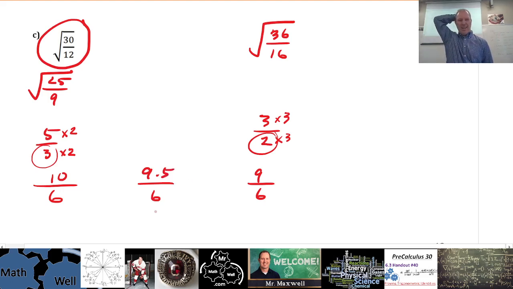We wouldn't want to leave it like that, though, would we? How would I get rid of a decimal like this inside of a fraction? Add a 0 to the bottom. Okay, if I add a 0 to the bottom, what would I have to do to the top, though? Move the decimal. Yeah, so multiply them both by 10. One of you said you could add a 0 to the bottom and then move this decimal place to the right.